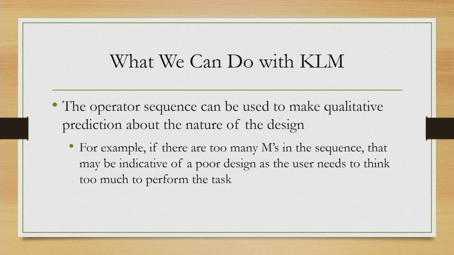Then we compare these two times. The design with the lesser time is likely to take less time of the user to perform a frequently used task, which indirectly indicates that the design is likely to be more efficient, which is one important measure of usability. Now, that is one way of using KLM.